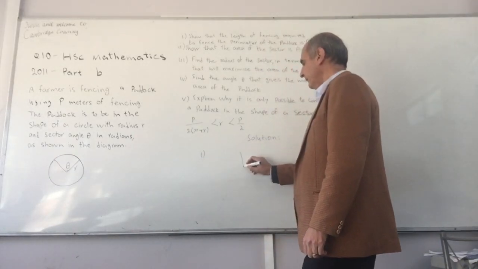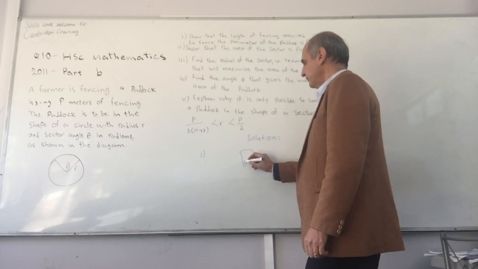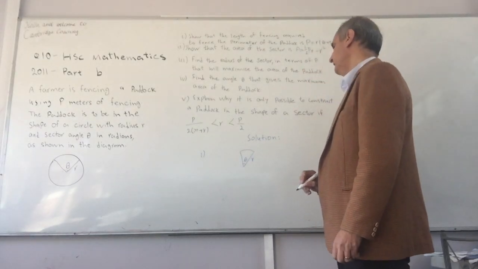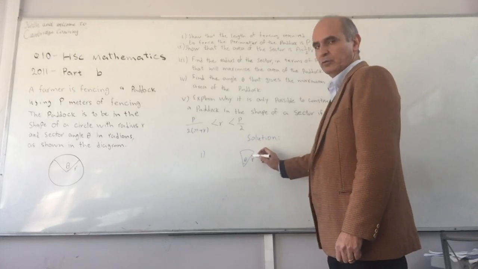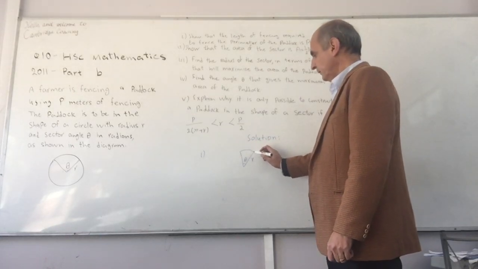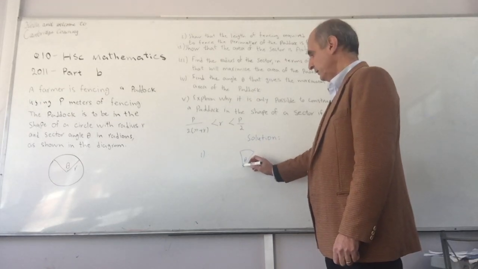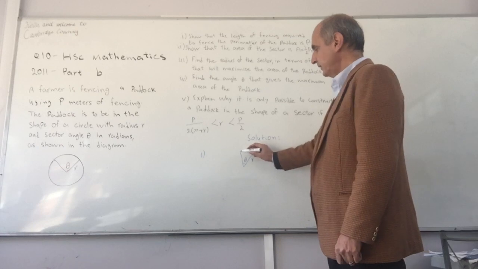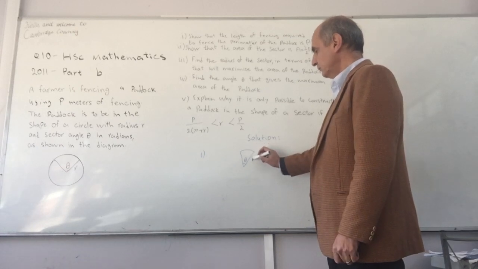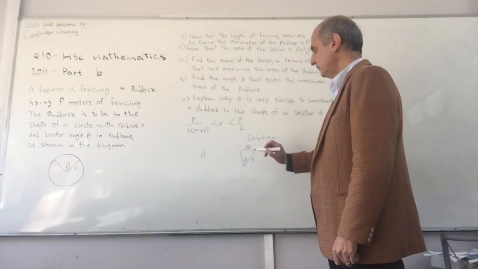If we have a sector with a central angle of theta and a radius of r, the perimeter of that is composed of this radius and this radius, which together becomes 2r, and the length of this arc, which is equal to r times theta in radians, so r theta.